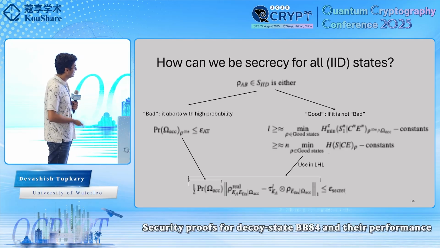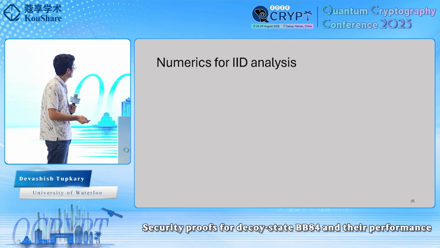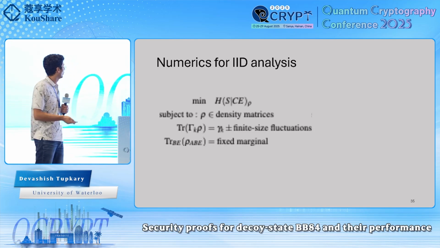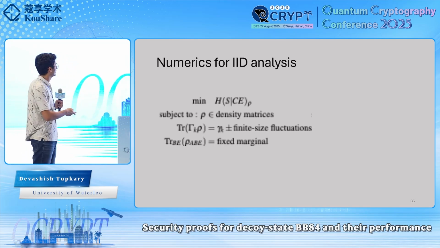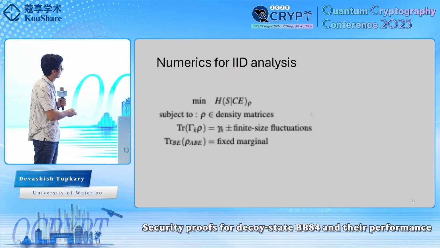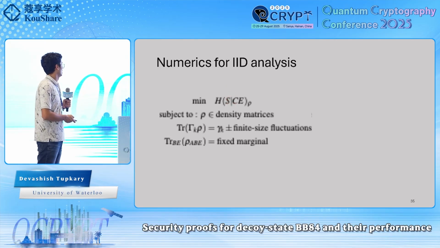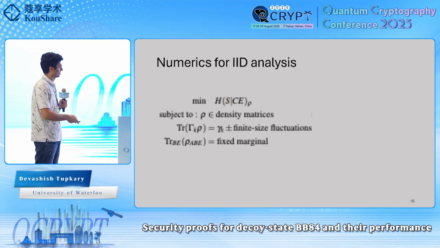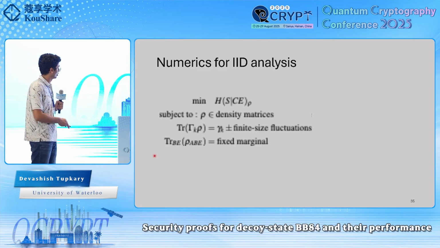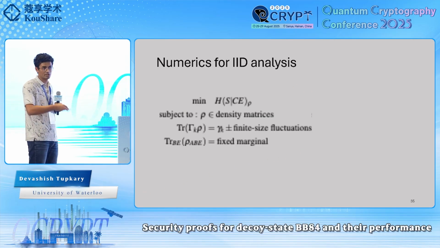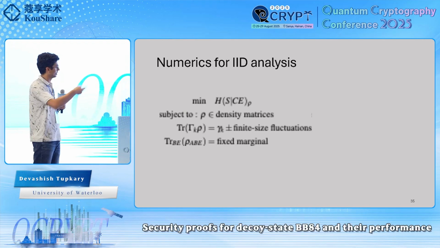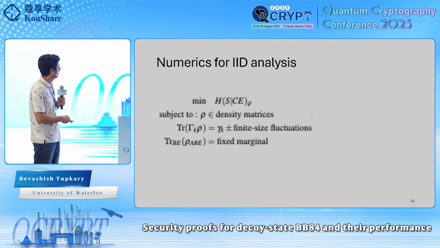Okay, in order to do this, we do need to compute some numerics, which roughly look like this. So we want to minimize the single round state on Alice given public announcements and Eve. We know that the state belongs to a set of density matrices. We know that it obeys the fixed marginal constraint, and because of the way we constructed the good set and the bad set, we have some more constraints on this state.